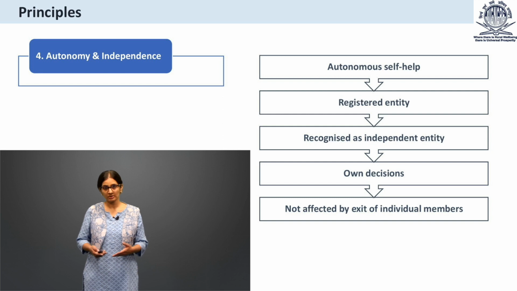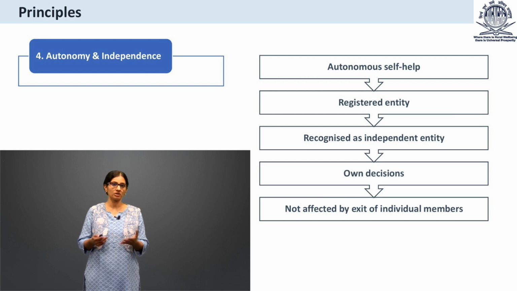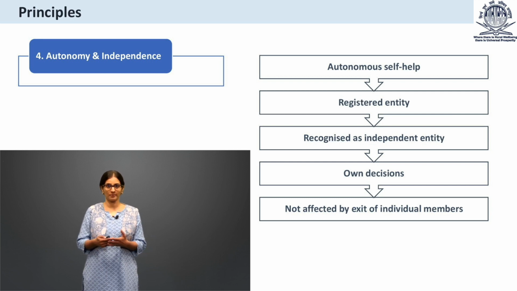Principle 4, autonomy and independence. Cooperatives are autonomous self-help organizations. A cooperative has to get registered, and a registered cooperative is recognized by the government as an independent entity, which means that a cooperative society can make its own decisions for the benefit of its members.